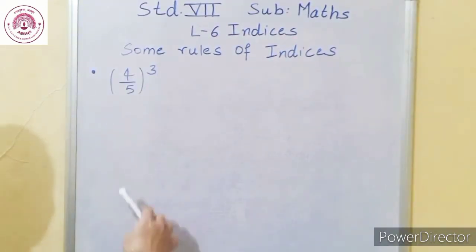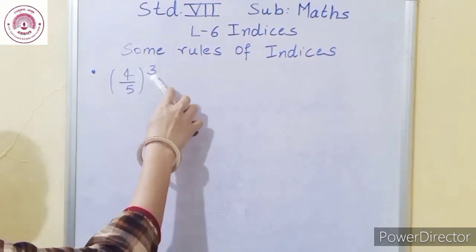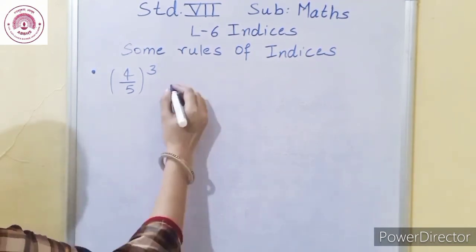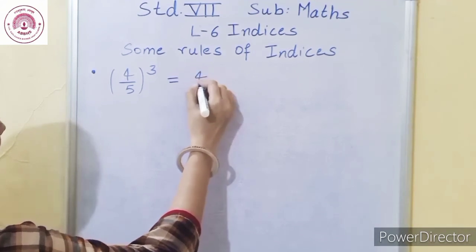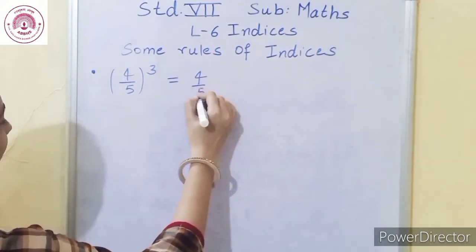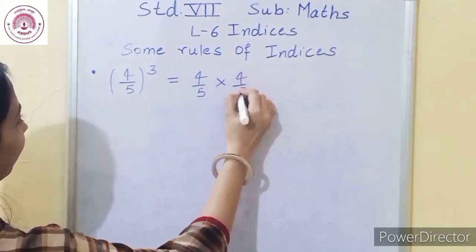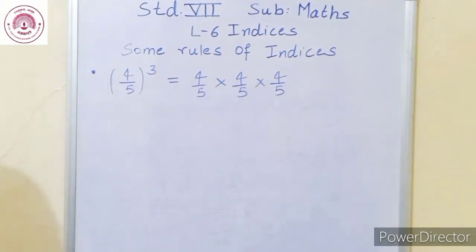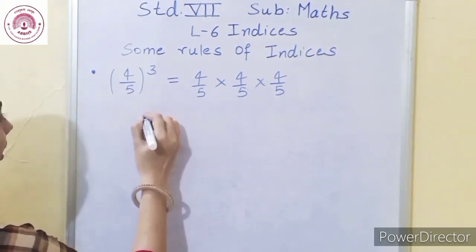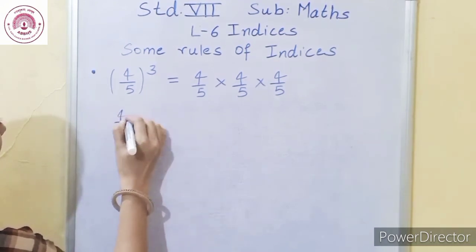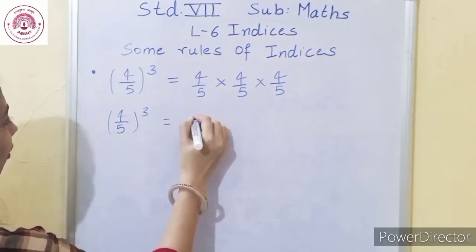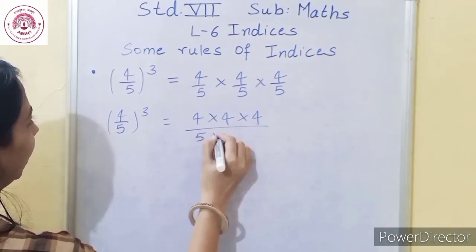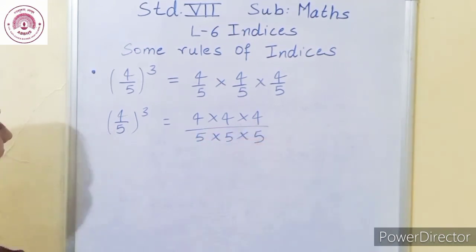Now consider another example, 4 by 5 raised to the power 3. In multiplication form it can be written as 4 by 5 multiplied by 4 by 5 multiplied by 4 by 5. Now it can be shown as 4 multiplied by 4 multiplied by 4 upon 5 multiplied by 5 multiplied by 5.